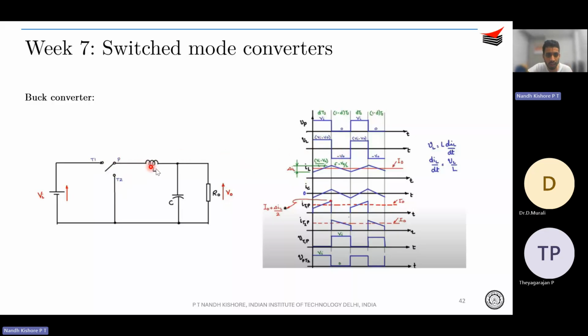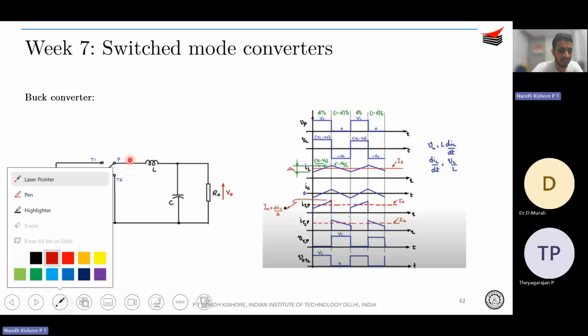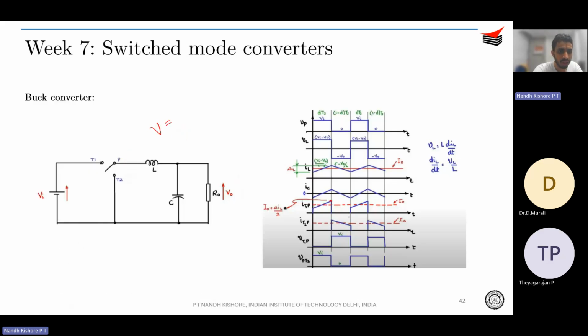And if your inductor voltage is positive, then what would happen? We know V is L dI by dt. So if VL is positive, then di by dt is positive, correct? So IL will increase.